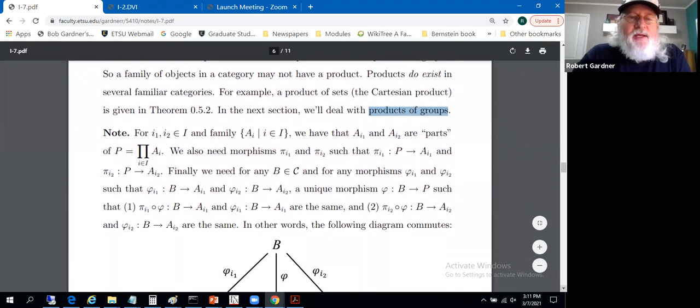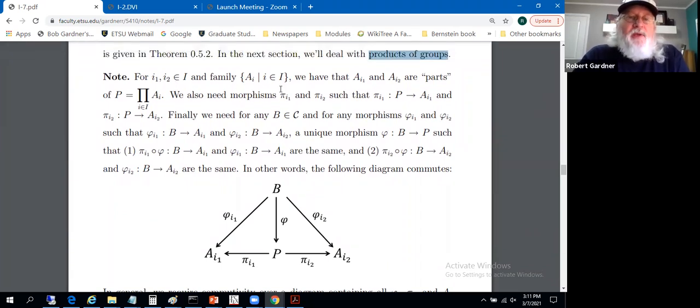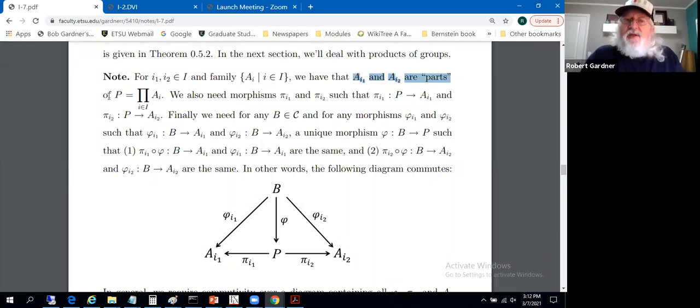Another little comment, which I largely want to explain in terms of a picture. If we take a couple of indices from the indexing set, you kind of want to think of, say, A i sub 1 and A i sub 2, maybe as parts of the product or factors of the product. If they're calling it a product, something like this ought to be the case.